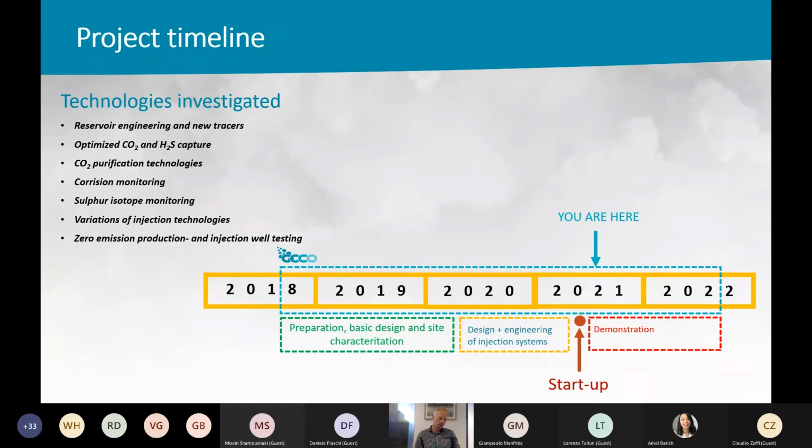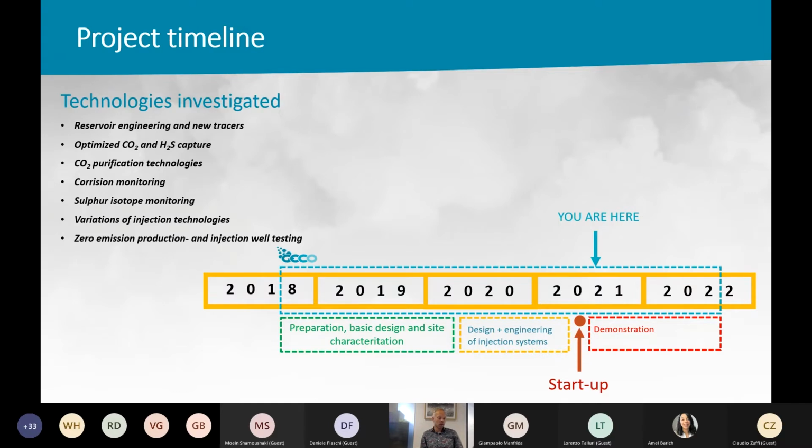And here you have a list of what we are doing. We have, of course, been doing reservoir engineering of all the different reservoirs. We are looking into testing new types of tracers to trace the fluids that we inject into the ground. We are optimizing CO2 and H2S capture from geothermal power plants.